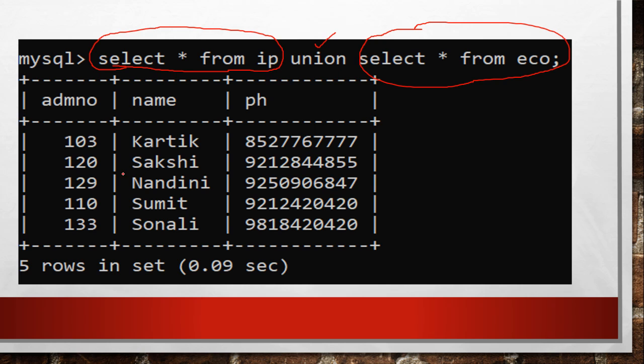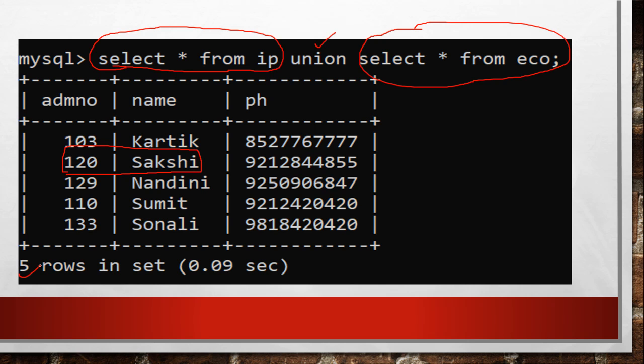Here you can see that the Sakshi record is shown only once. It is not considered twice, and over here it is written 5 rows in the set. It means only 5 records are shown. So you can understand what happens when you perform the union operation.